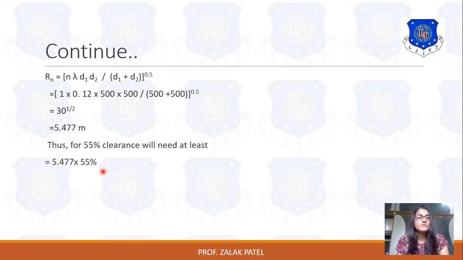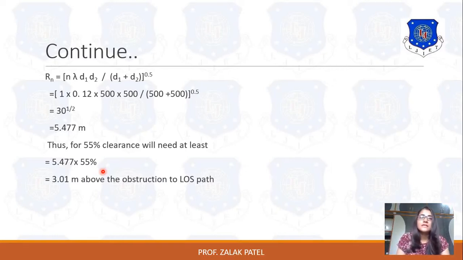This gives the answer 3.01, which means 3.01 meter above the obstruction to line of sight distance. Means for the distance between transmitter and receiver without obstruction, there should be a clearance of 3.01 meter.